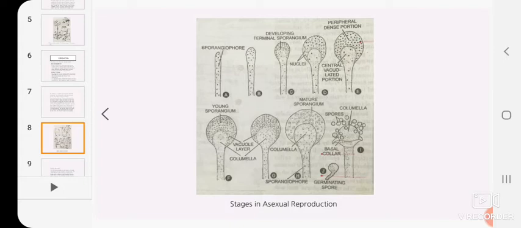And I told you earlier also that when this fungus grows on its substratum, it forms a white cottony mass, and later on it becomes dark in color due to the formation of reproductive structures. So in this way the spores are developed. Now next I'm going to explain regarding the dehiscence. You can see here in the diagram regarding the dehiscence.